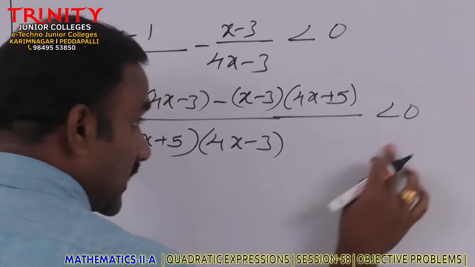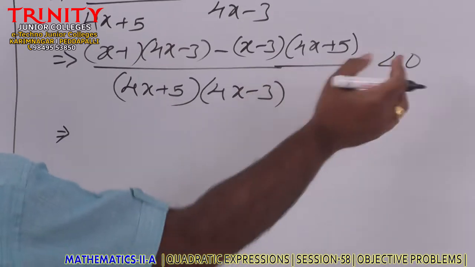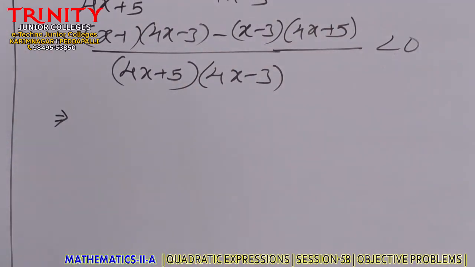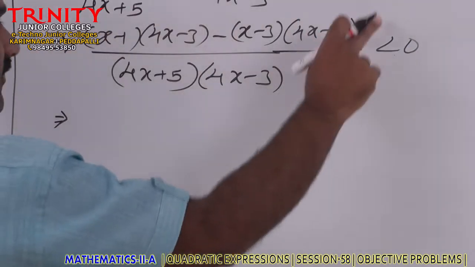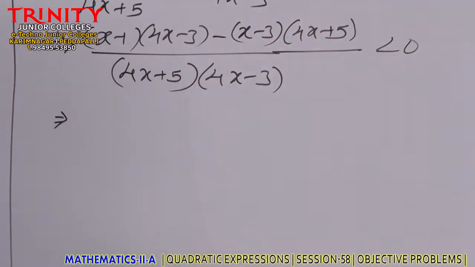Don't go for cross multiplication. This is an expression, so don't take it as 0 into something. First you have to see its simplified value, then decide whether you have to multiply or not. First simplify the numerator part.